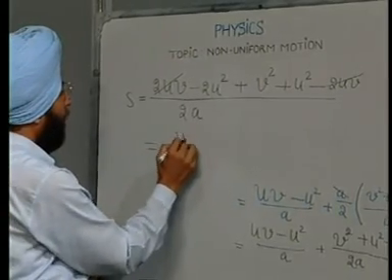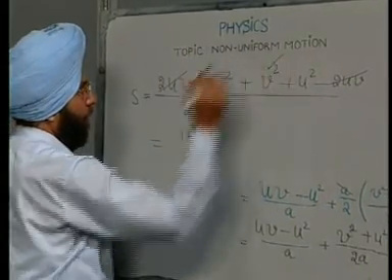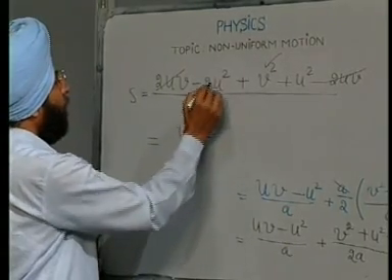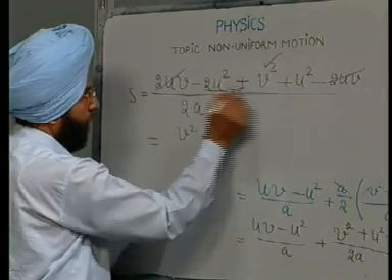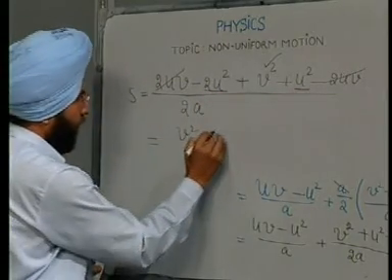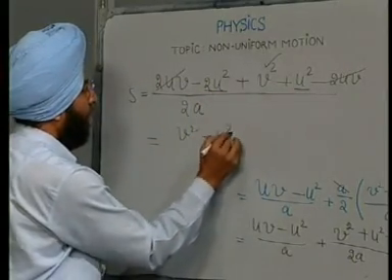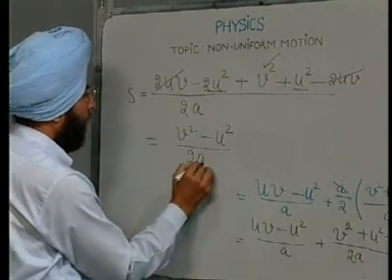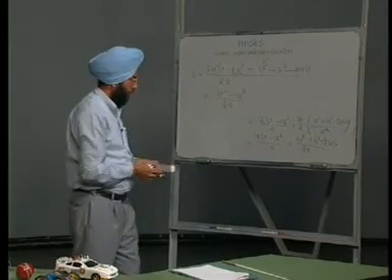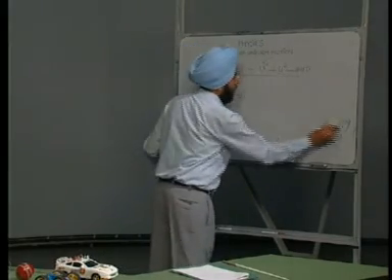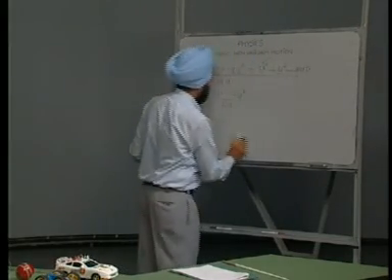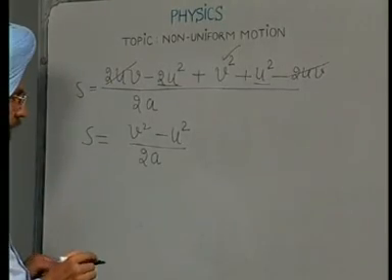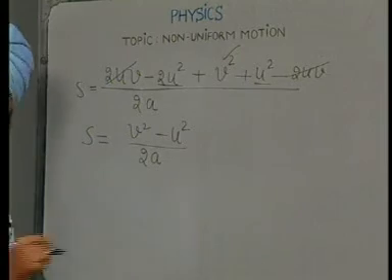We have v square minus 2 u square and plus u square. So, we have minus u square over 2 a. So, what we get is s is equal to v square minus u square over 2 a.